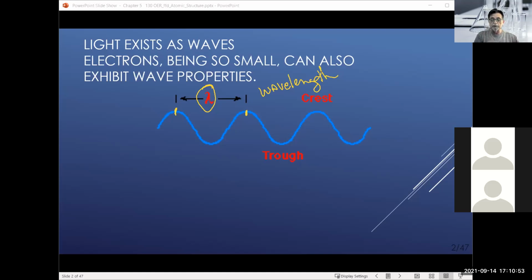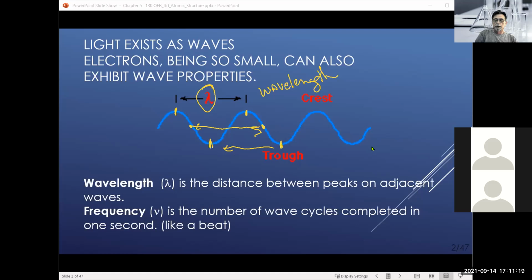It is a specific wavelength. Now, we're on top of the hill, but we can do the same thing by going bottom of the hill, and that distance is the same distance. Or if we pick a spot downhill and we pick the same spot downhill on the next wave, again, that distance is the same wavelength, okay? A very specific number. That symbol is called lambda, and that is the distance between peaks of adjacent waves.